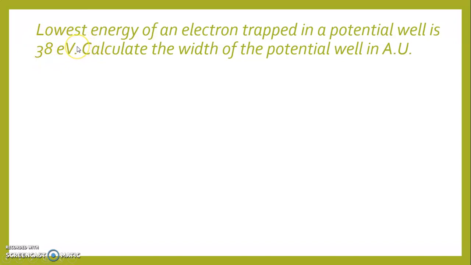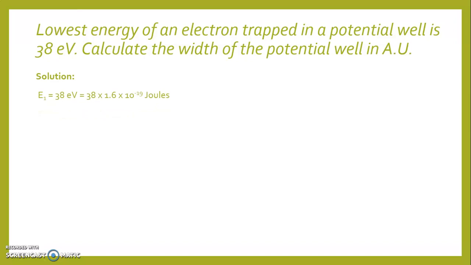We can write the lowest energy as E1, because n is not 0, so the lowest energy should be for n equal to 1. So E1 is given, which is 38 electron volt.